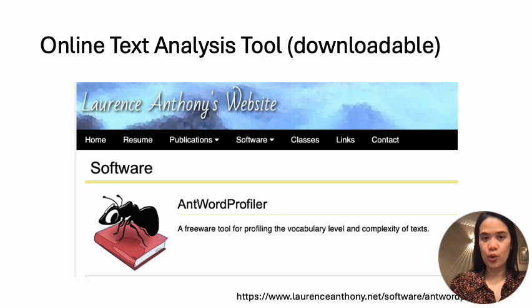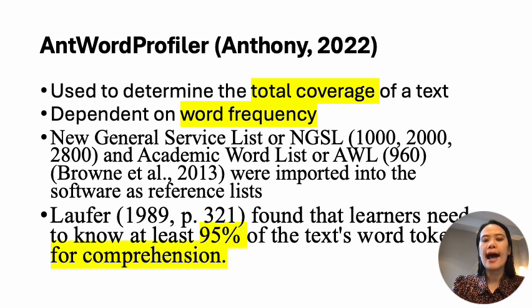The last tool is called AntWord Profiler by Lawrence Anthony. This is a freeware tool for profiling the vocabulary level and complexity of texts. AntWord Profiler determines the total coverage of a text and is dependent on word frequency.